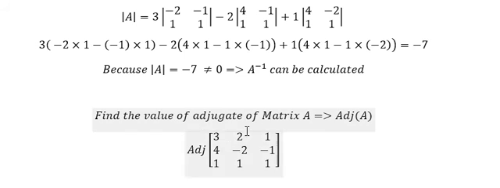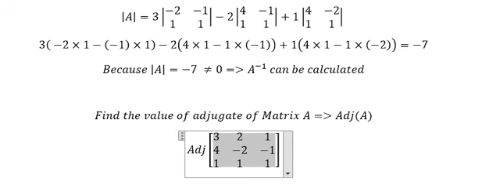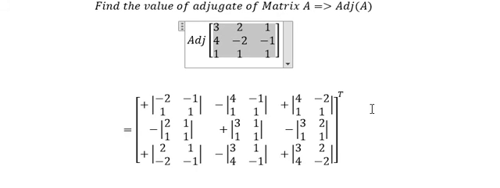The next one, we need to find the adjugate of matrix A. So we have the matrix A here, and I will show the technique for how to do it. We put positive, negative, positive, then negative, positive, negative, positive, negative, and positive.